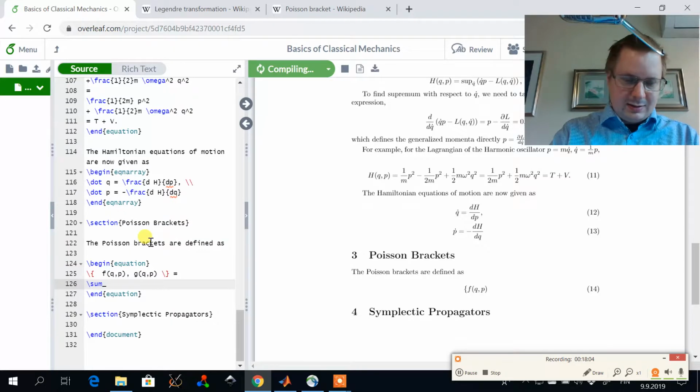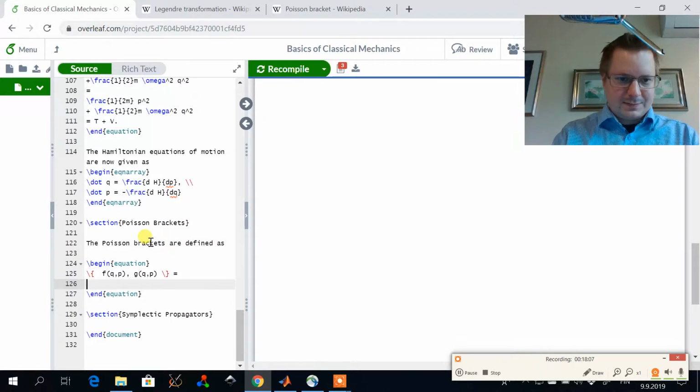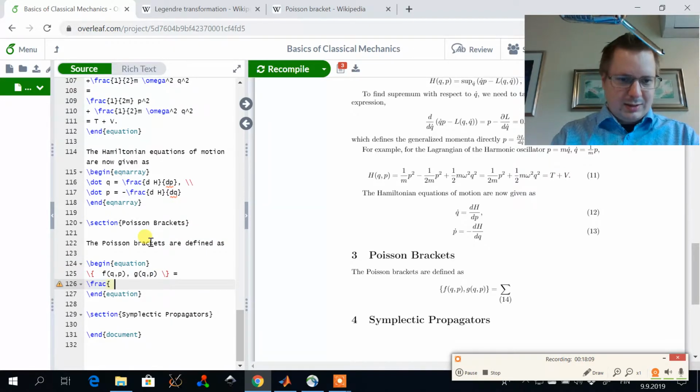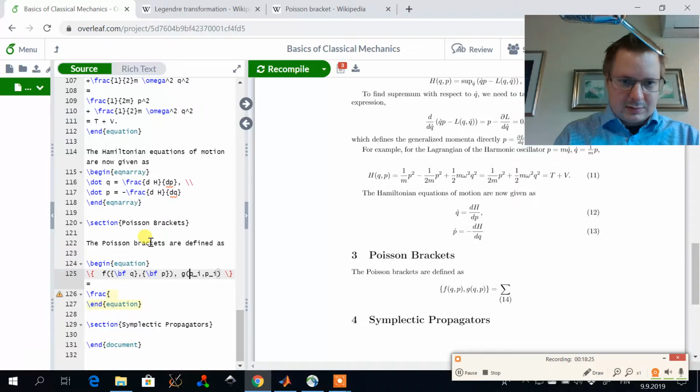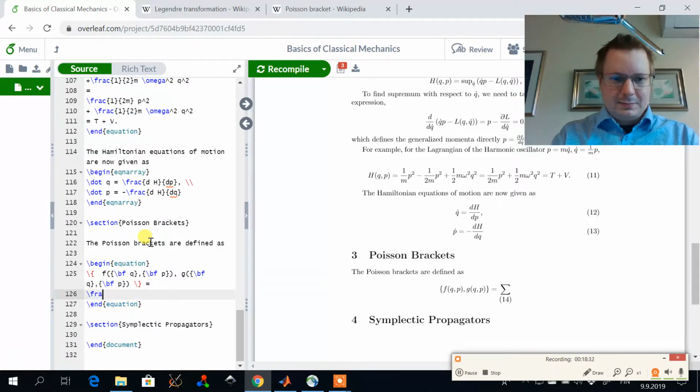There might be many of these variables q and p, so we can say that it's like a vector. So I will make it bold, like so.